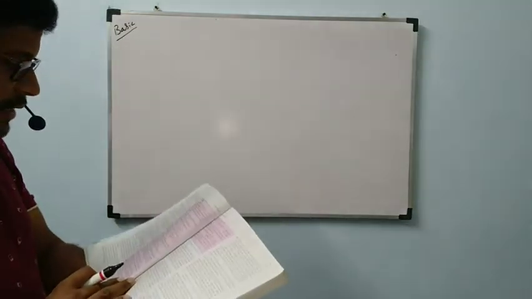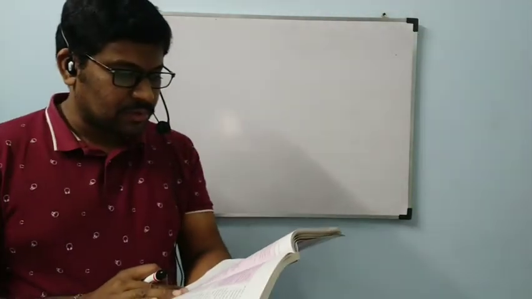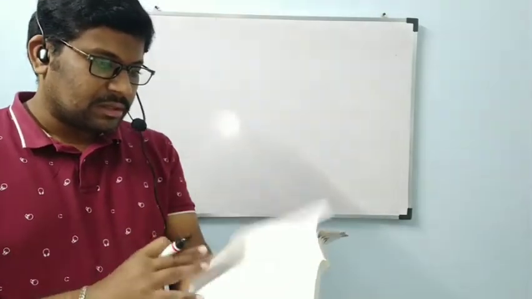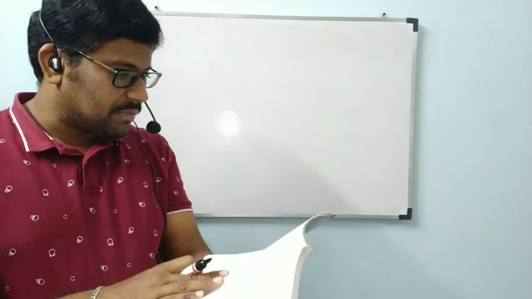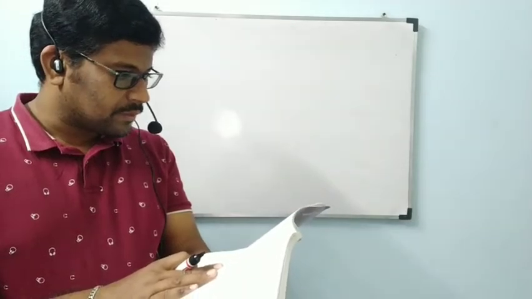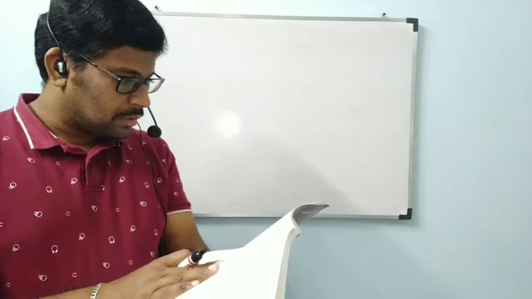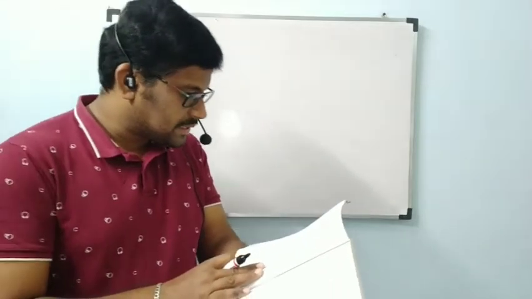MnO4 minus plus I minus gives rise to MnO2 plus I2. Now only we have done that, which is nothing but a redox reaction in basic medium only. Okay, now let us see.